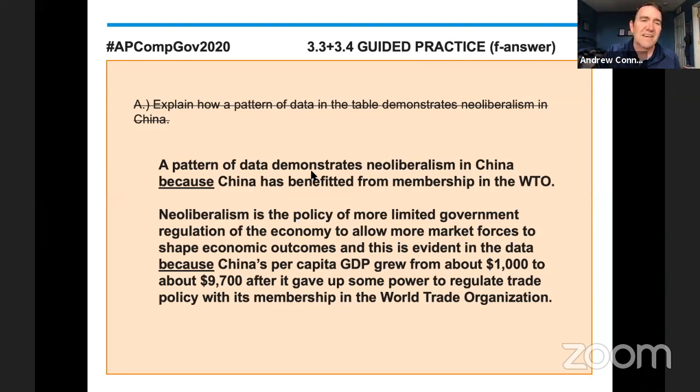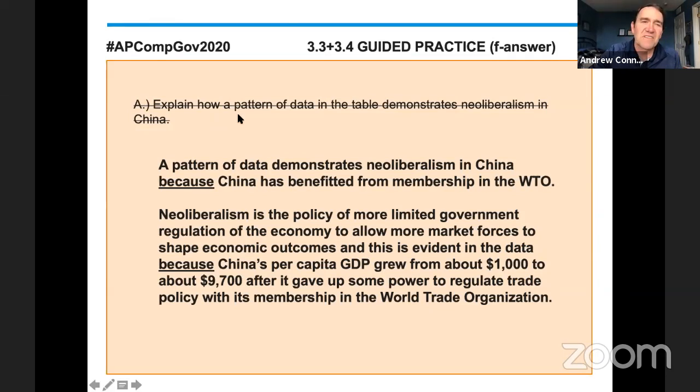So let me expand. If the question is, explain how a pattern in the table demonstrates neoliberalism in China, and you go back to the table, one way to answer this is: a pattern in the data demonstrates neoliberalism in China because China has benefited from membership in the WTO.